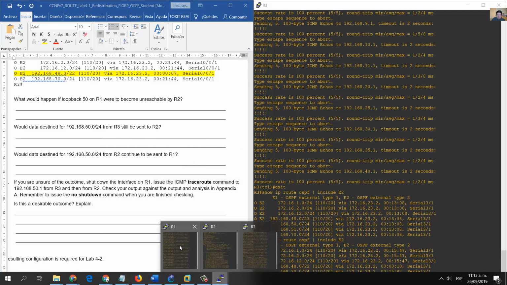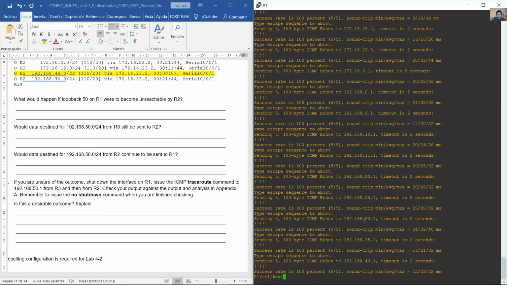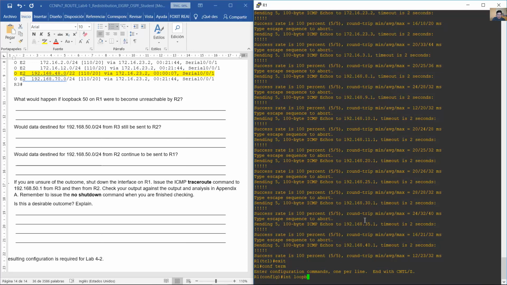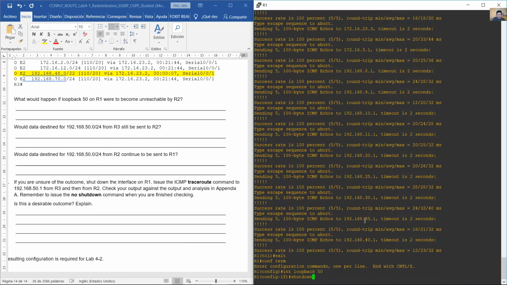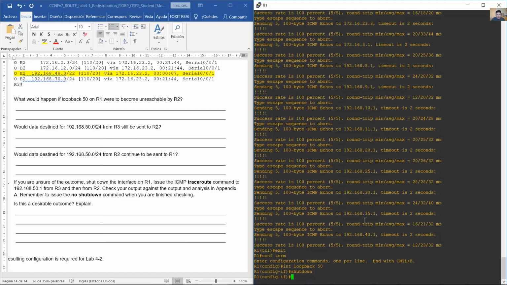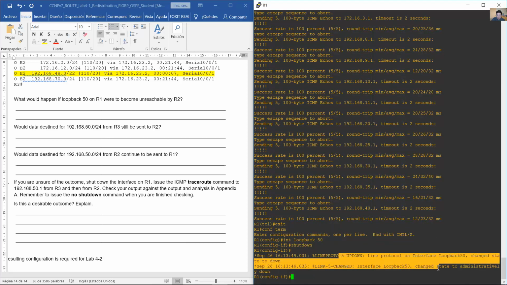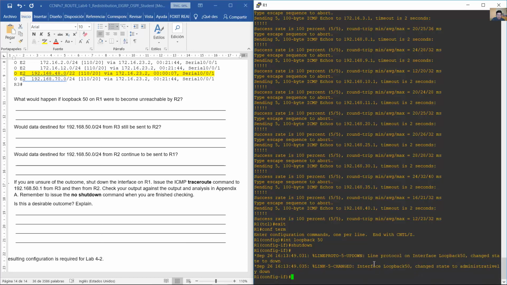Okay, go to R1, exit from the TCL shell, configure terminal, interface loopback 50, and shutdown. Okay, changed state to administratively down.